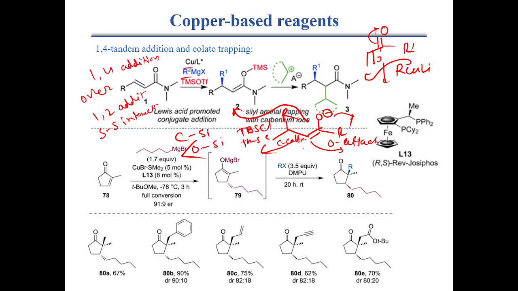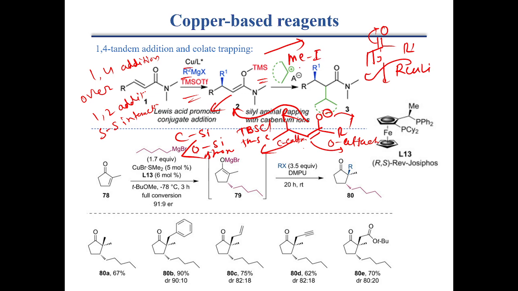The oxygen-silicon bond is stronger. That's why it will be trapped with the silyl. So in the presence of TMS triflate, it will be trapped with the oxygen, with the silyl, not the carbon. So O attack is preferred.